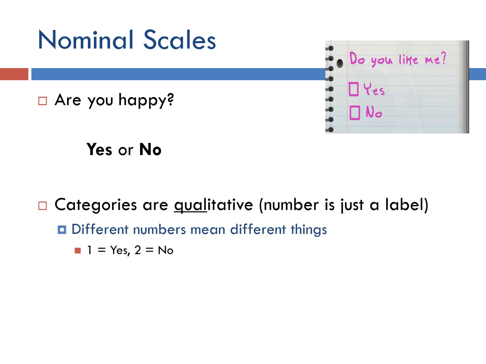So in a nominal scale, categories are qualitative, right? There's a quality to the value. It means something, but the number is just a label. So different numbers mean different things. A 1 might be attributed to that yes, or 2 is attributed to that no. We can apply these numbers as labels, but the order doesn't matter at all with a nominal scale.